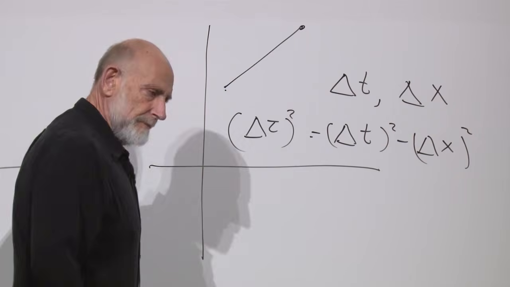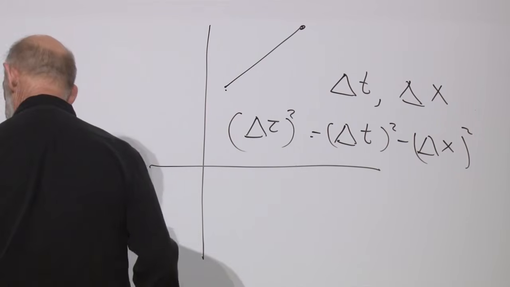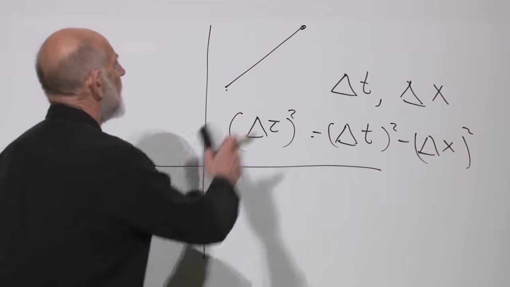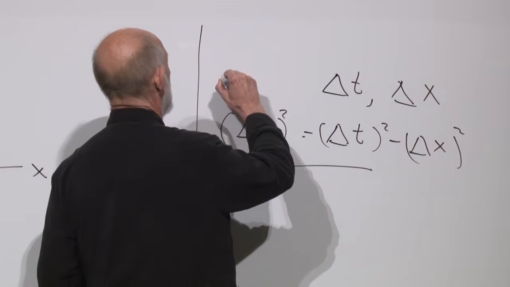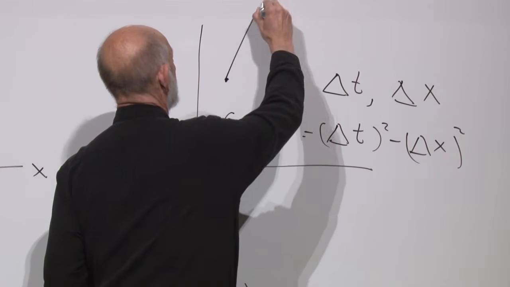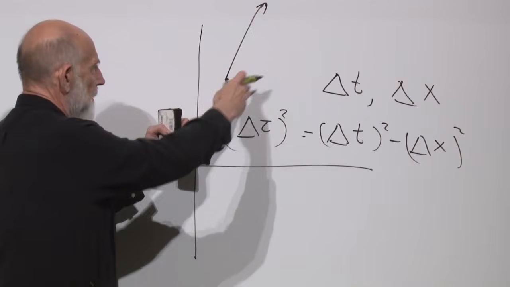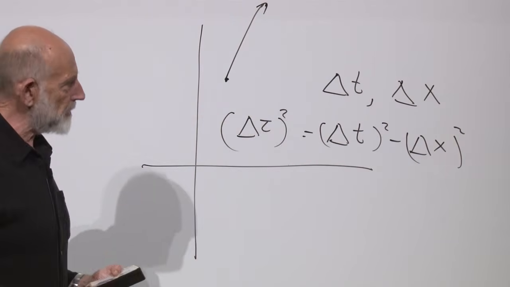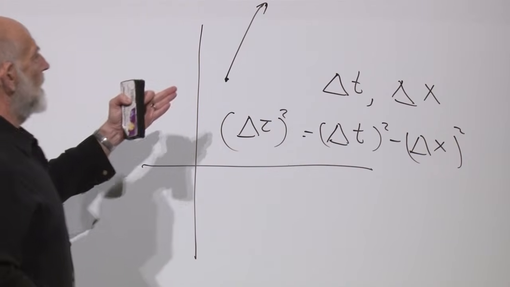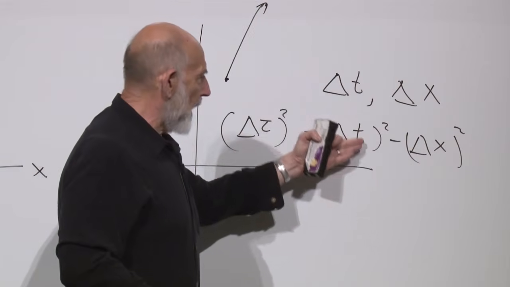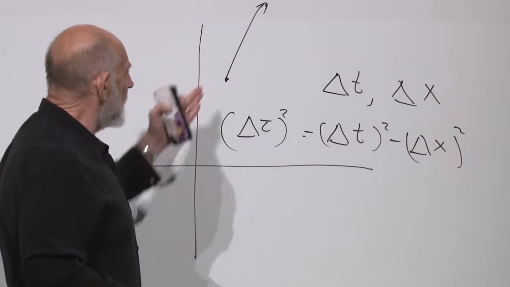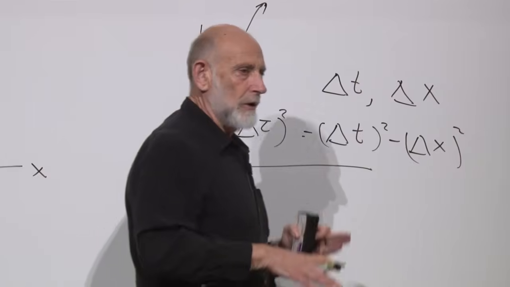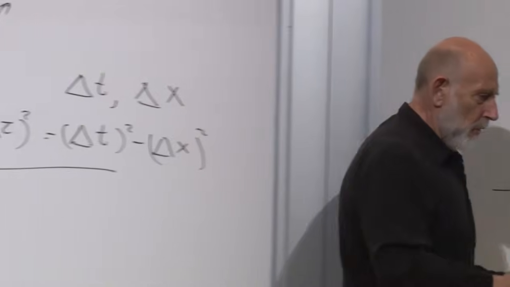In other words, if the spatial distance is less than the time distance, in that case, delta tau squared is positive, and the interval between these 2 points is called time-like. It's got more time in it than it's got space in it.